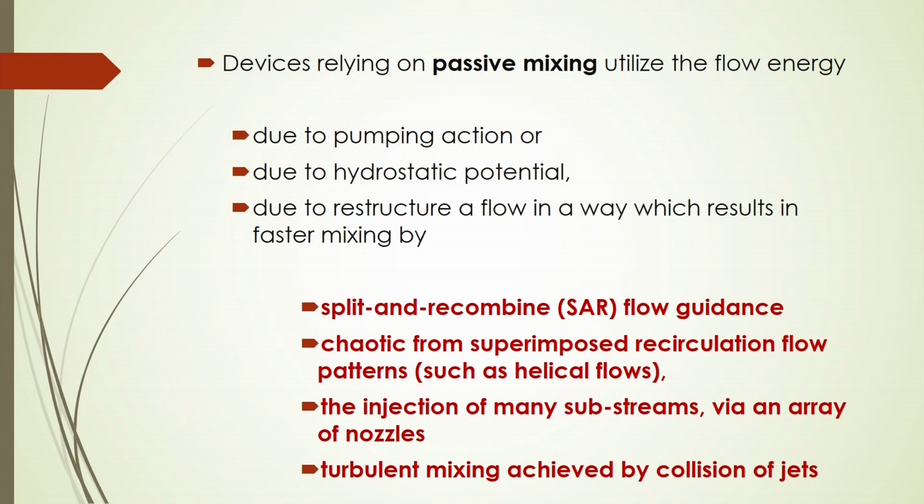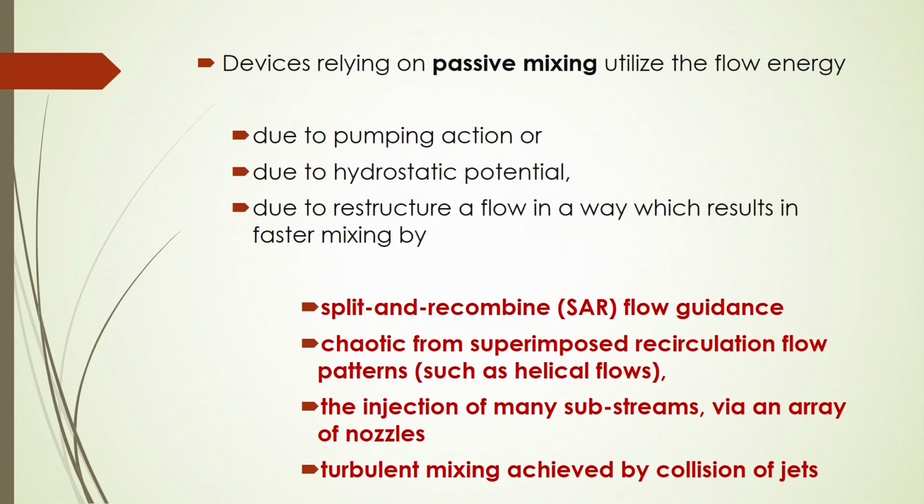You can get passive mixing by split and recombine of the flow, and also by chaotic, superimposed recirculation flow patterns. You can have mixing by the injection of many substreams via an array of nozzles. You can get passive mixing by turbulent mixing, as if by collision of jets there.